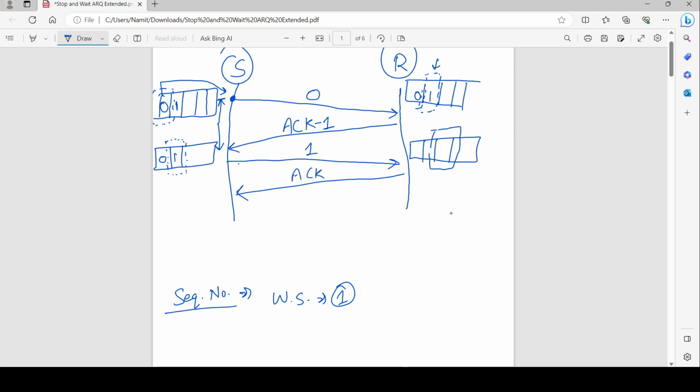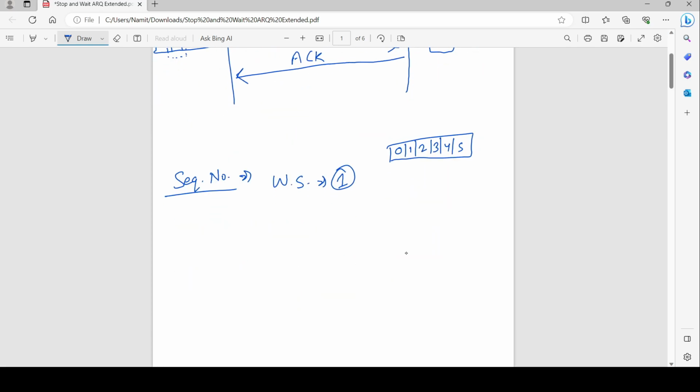Now one use case is that both the sender and receiver can have their sequence numbers like this: 0, 1, 2, 3, 4, 5, and so on. But from a practical point of view, sender and receiver are going to have only window size equal to 1. So instead of having numbers like 0, 1, 2, 3, 4, 5, 6, 7, 8, and so on, first it can send 0, the receiver receives 0 and sends acknowledgement for 1.